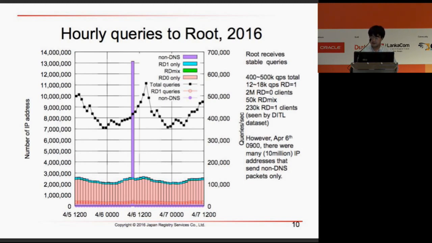However, on April 6, 9 o'clock, there were many, 10 million IP addresses that sent non-DNS packets only.